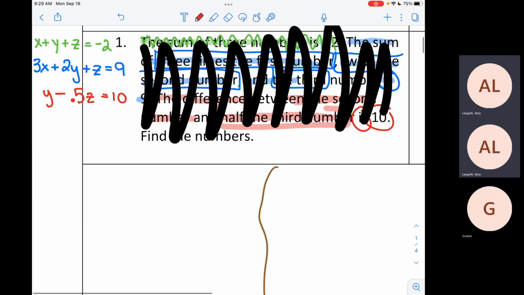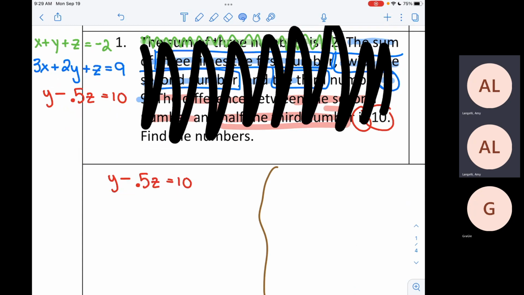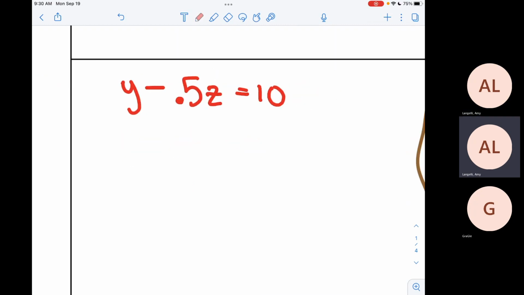Okay, everybody, she indicated to pick the last one. Do you guys agree the last one's the most simple one? It has the least amount of information. Put that in your first column. What do you guys want to do with that? What did I encourage you to do with that? That's right, get y by itself. So you pick a variable to get y by itself. She picked y. That was a really good move because it's easiest. What will y equal if you get y by itself?